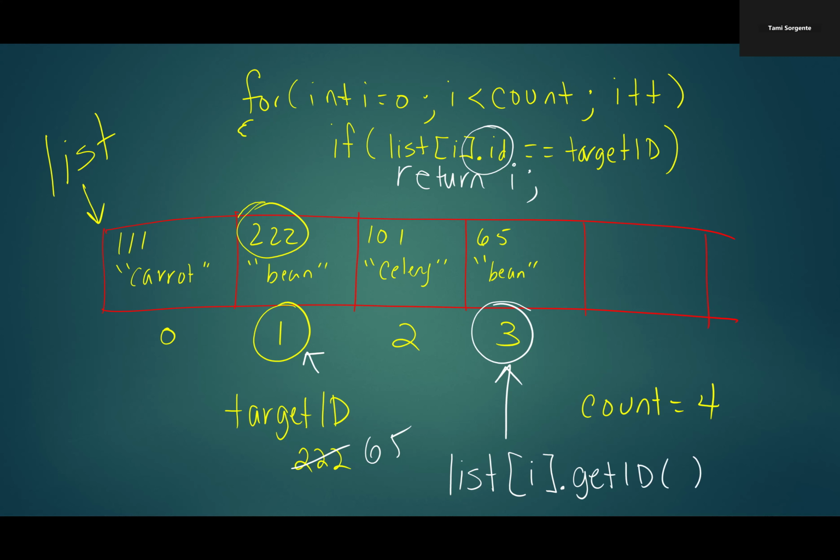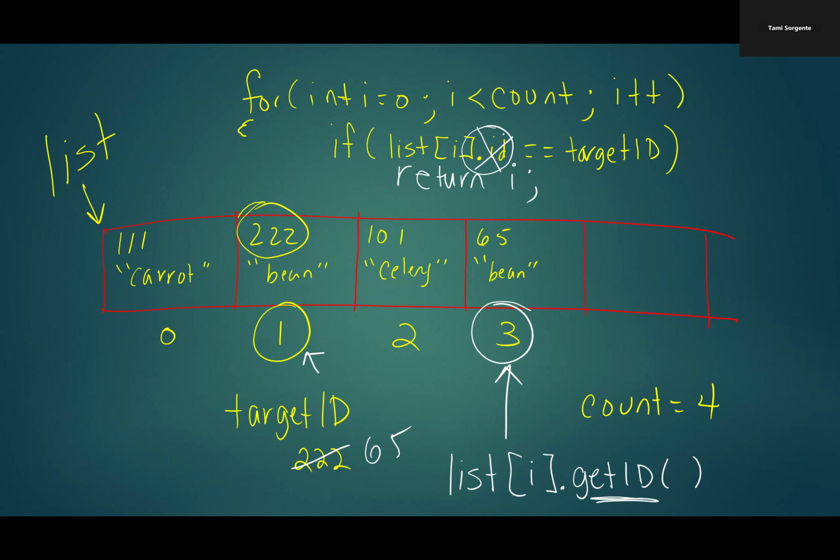We can't actually access the ID directly because it's a private member variable, but we can access the ID by using the accessor function. This is not going to work unless we were searching inside of our class, but we're not searching inside of our class and we're not using a friend function to search. We're just going to use a regular programmer defined function to do the search.